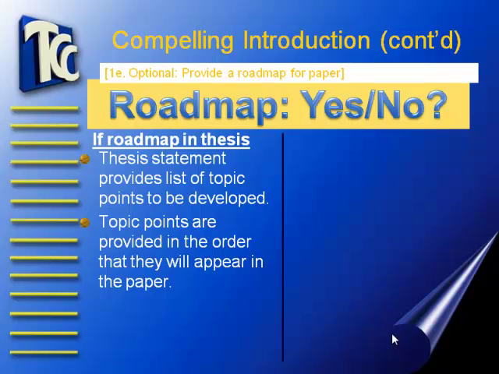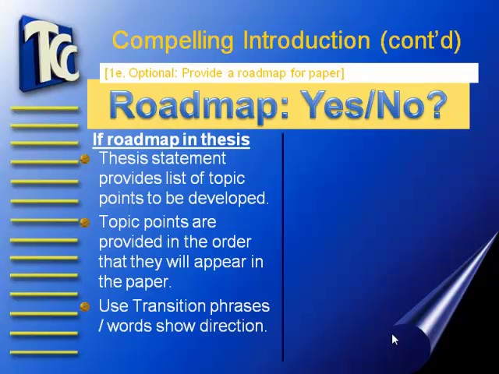That is very important: provide them in the thesis in the same order that you provide them in the paper itself. Use transitional phrases, words, to help the reader understand that they're moving from one topic to another topic. That's part of your roadmap, some kind of sign indicator for the reader.